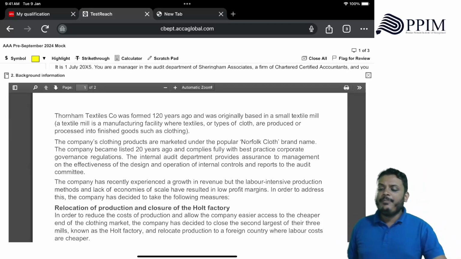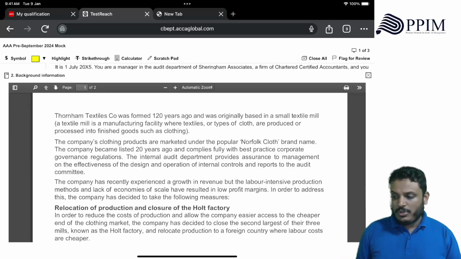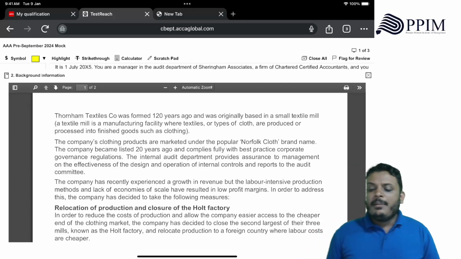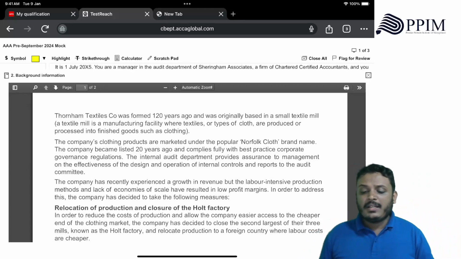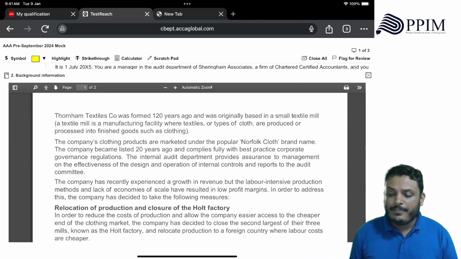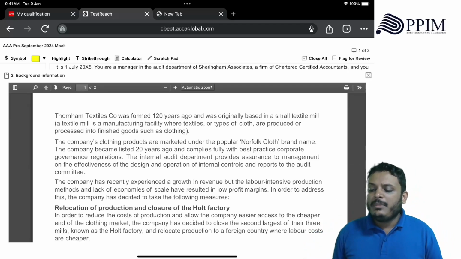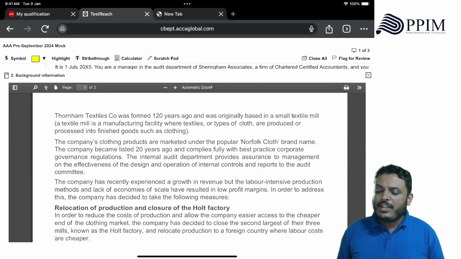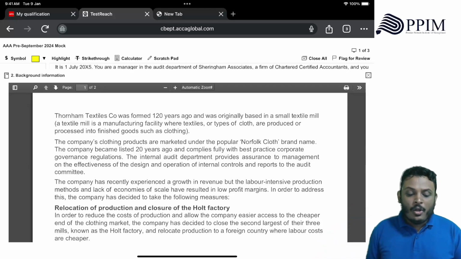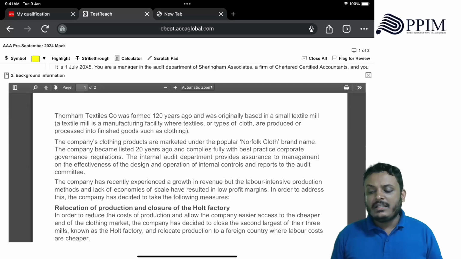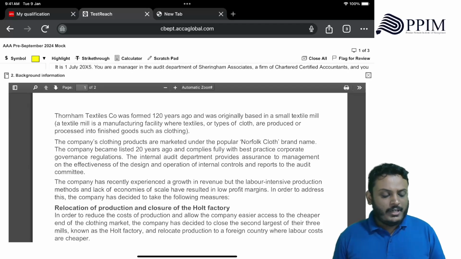The company became listed 20 years ago and complies fully with best practice corporate governance regulations. The internal audit department provides assurance to management on the effectiveness of the design and operation of internal controls and reports to the audit committee.